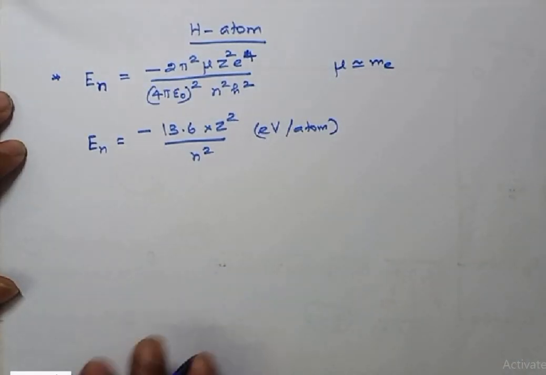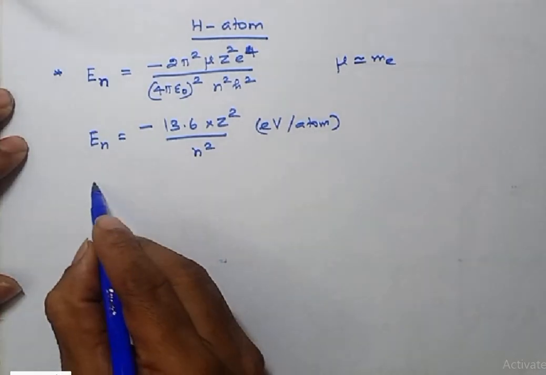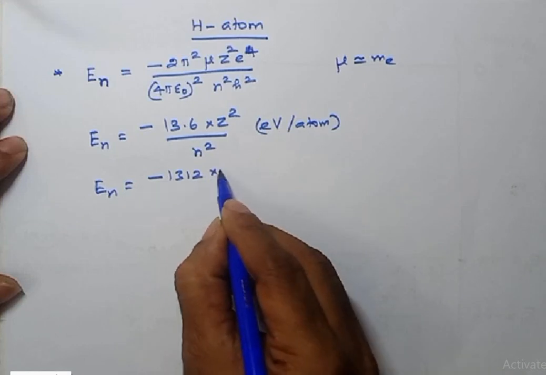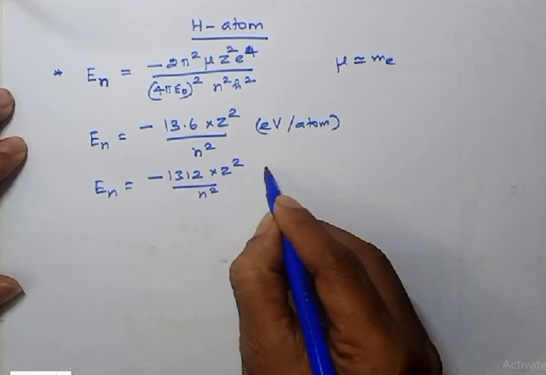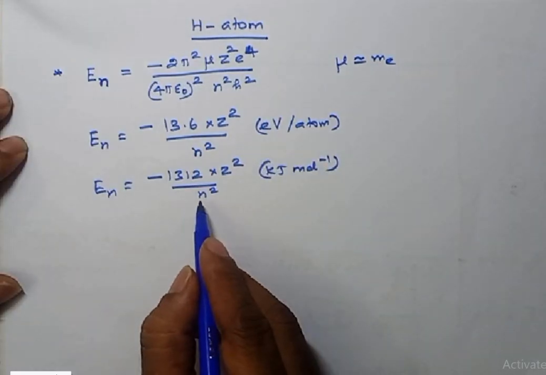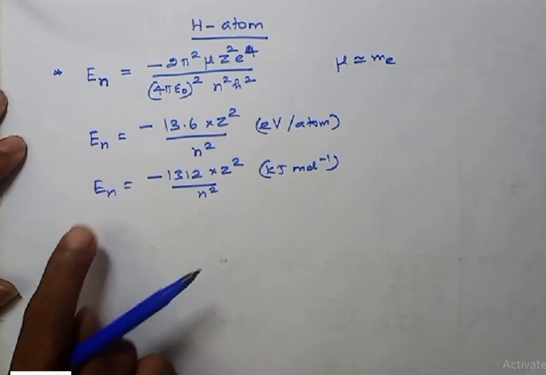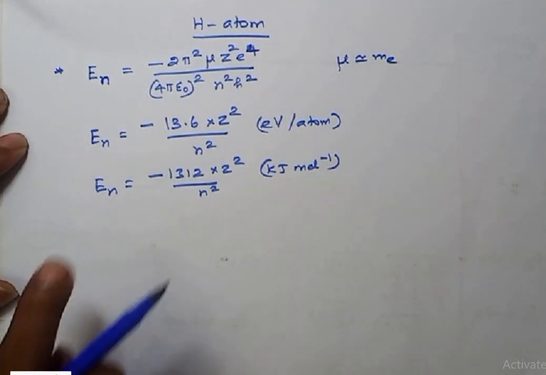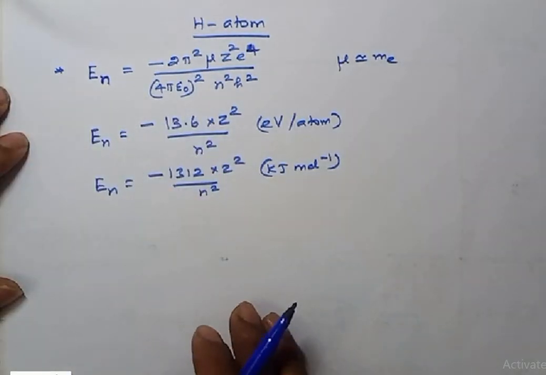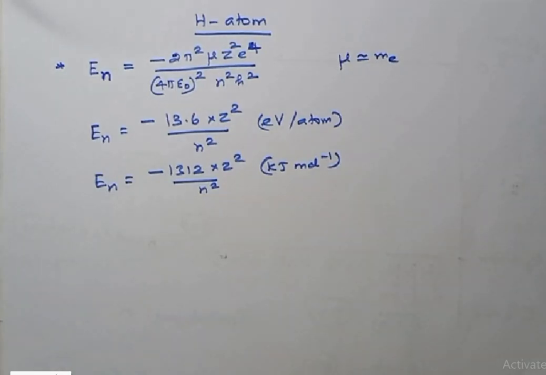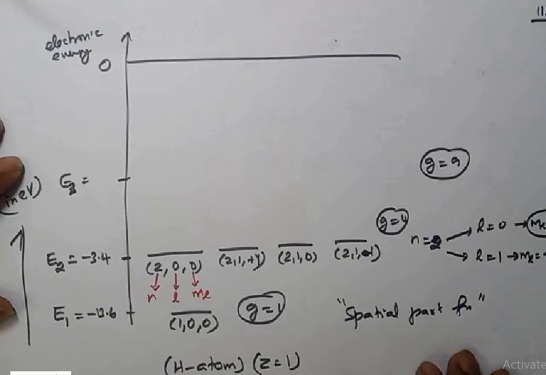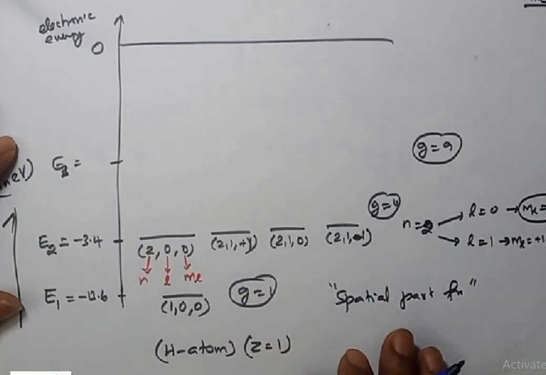If you want energy in kilojoule, you can use this formula: En equal to minus 1312 z square by n square kilojoule per mole. You can use this formula to calculate the energy of the electron in the nth state, where n is the principal quantum number. So this is what we discussed in the last class.